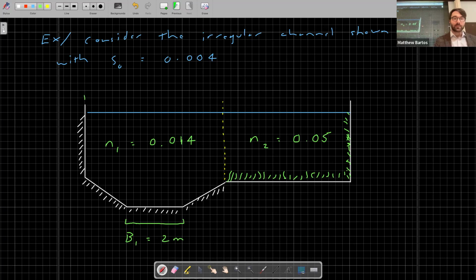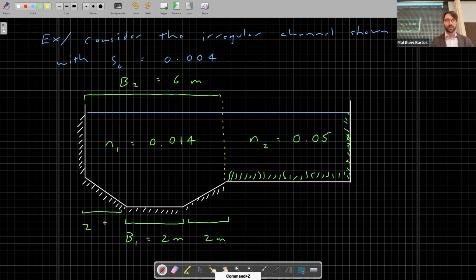The top of this trapezoidal section has a width of B2 equal to 6 meters. The width of this triangular portion here is going to be 2 meters. On the other side, the width of this triangular portion is also going to be 2 meters.